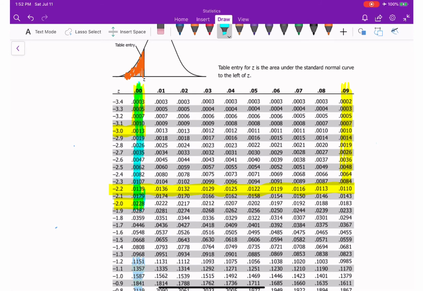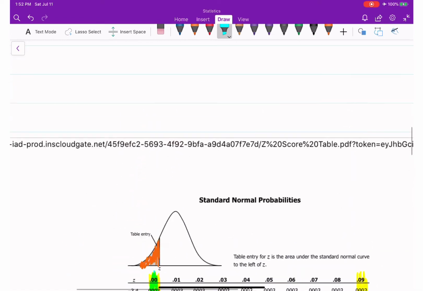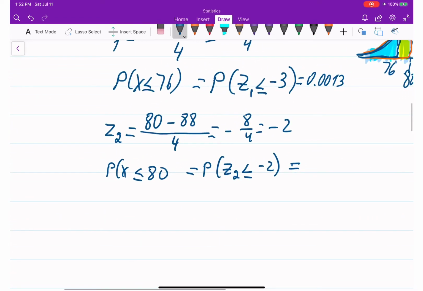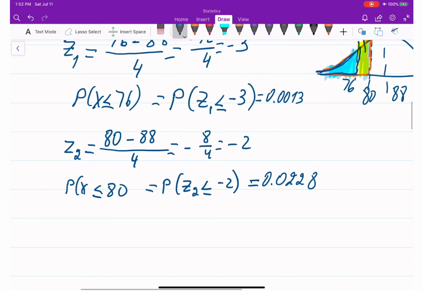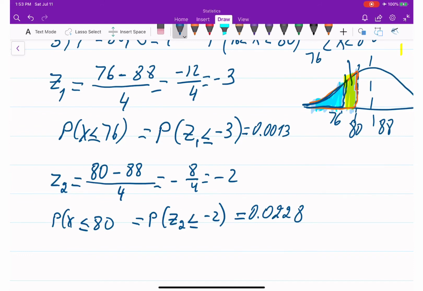All right, 0.0228. Okay, so this blue color is a probability 0.0228.